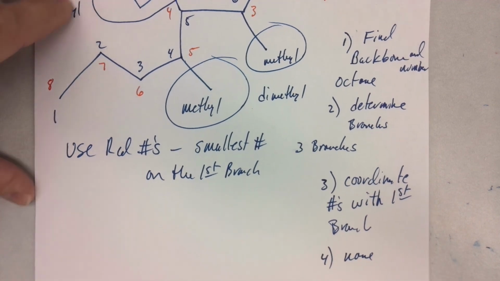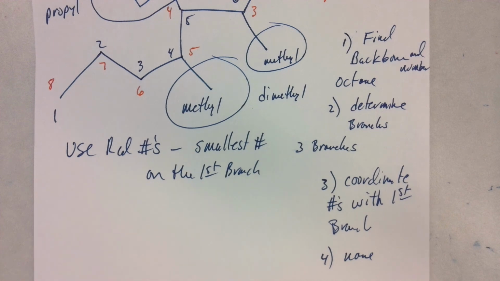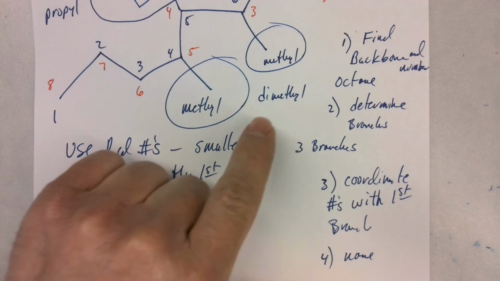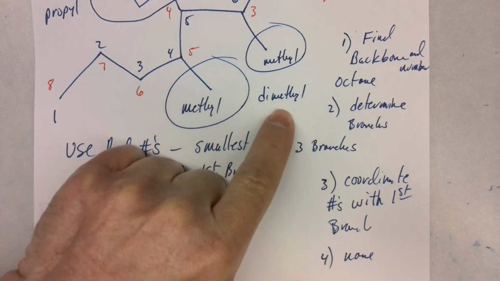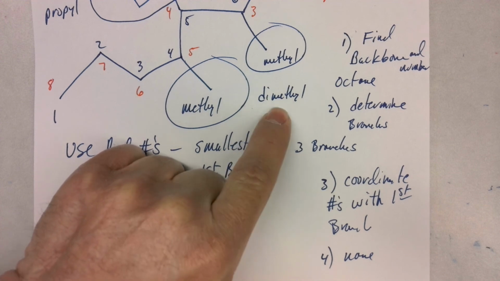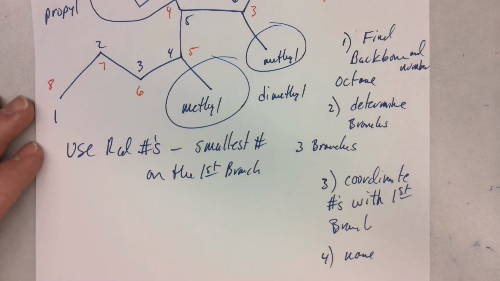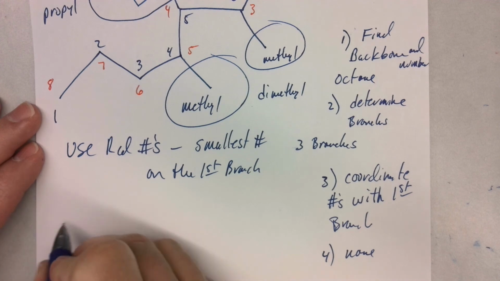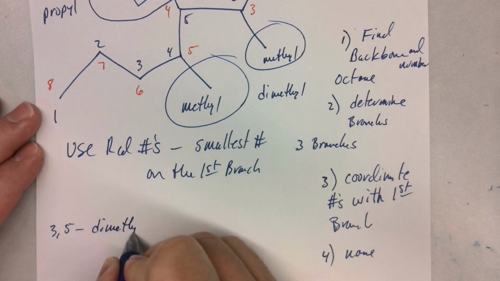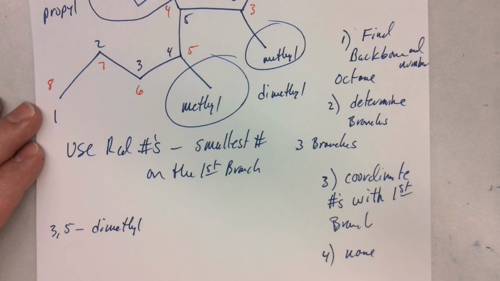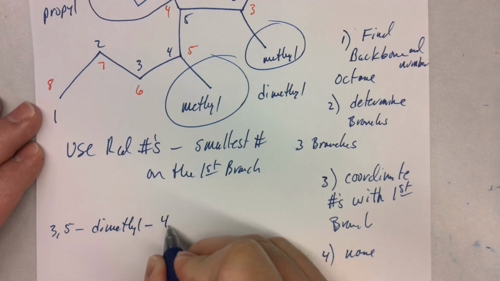Okay, so what comes first, M or P? M. Now, why did I say M and not D? Because of the root word. Yeah, the root word, the prefix doesn't count, right? So, how would I name this then? 3,5-dimethyl-4-propyloctane.